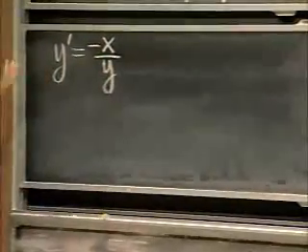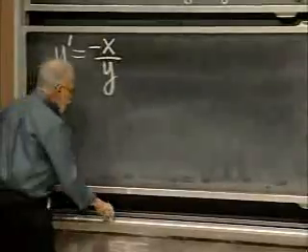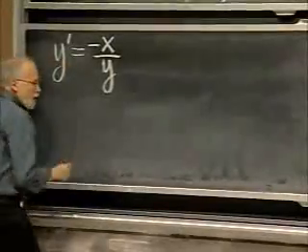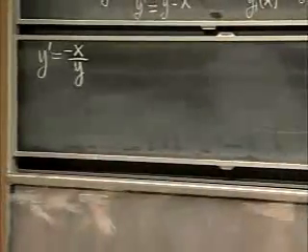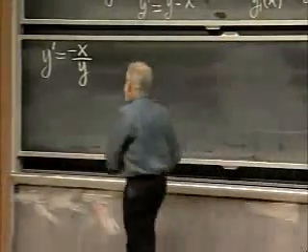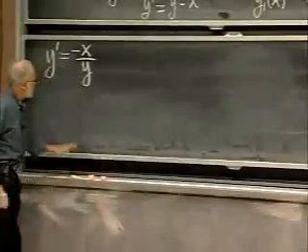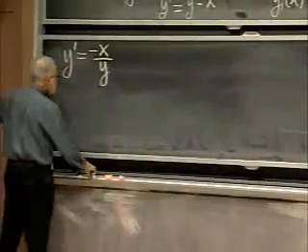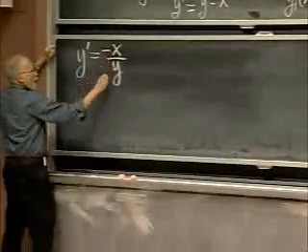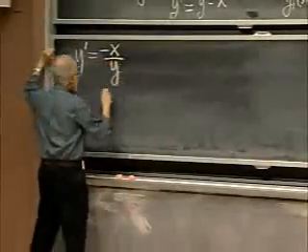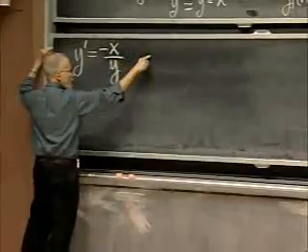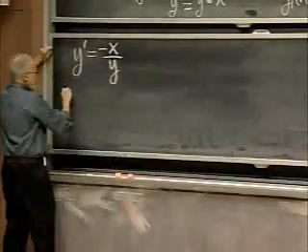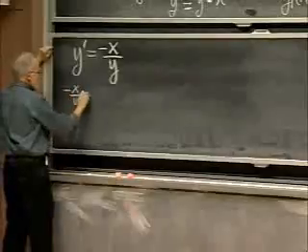Okay. First thing, what are the isoclines? Well, the isoclines are going to be, negative x over y is equal to c. Maybe I better make two steps out of this. Minus x over y is equal to c.